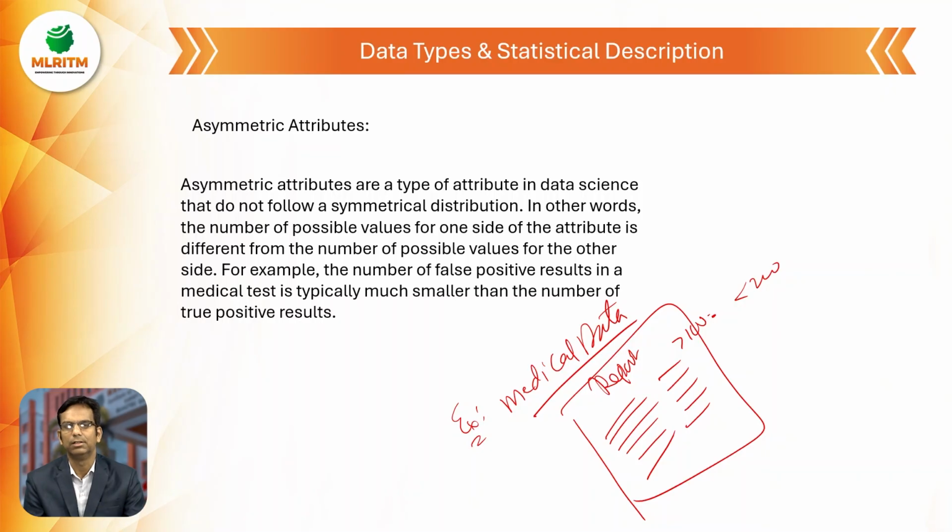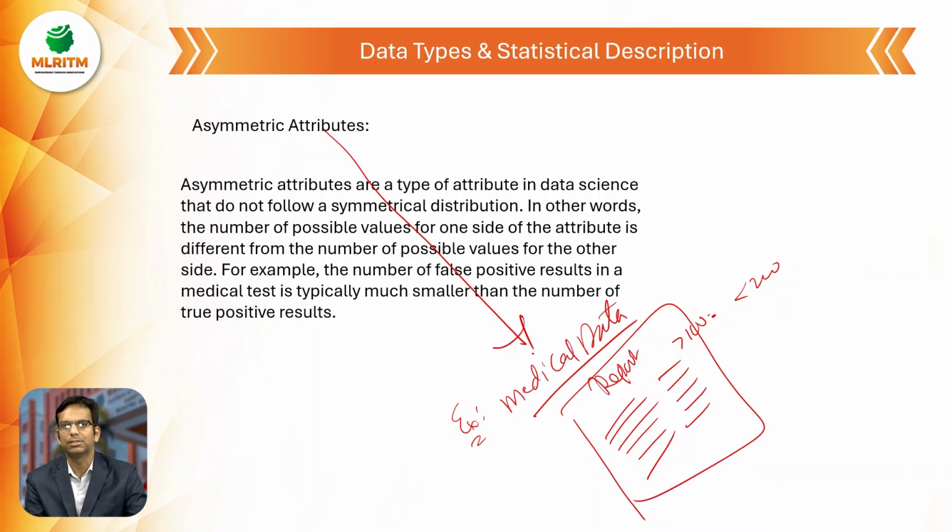How will we come to notice whether a disease is there or not? We will identify by taking some values, by taking a representation that is called table structure representation. That table structure representation data is called asymmetric attribute data.